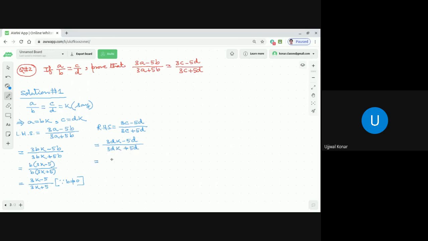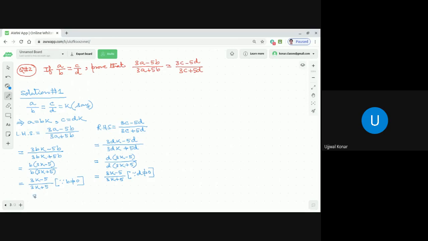We can take d common, and we get (3k minus 5) divided by (3k plus 5), since d is not equal to 0. So from the left hand side and right hand side, we are able to prove it.